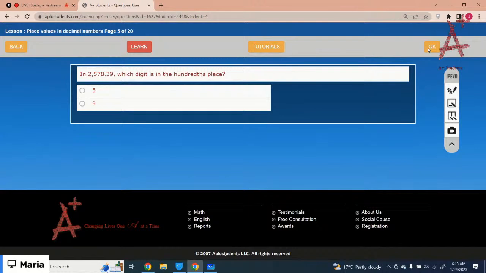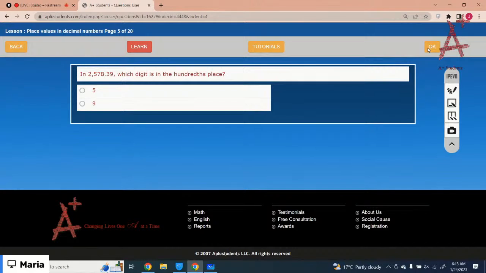Okay, in 2578.39, which digit is at the hundredths place? Hundredths, not hundreds. The hundredths place is the one that is right after the tenths place after the decimal.